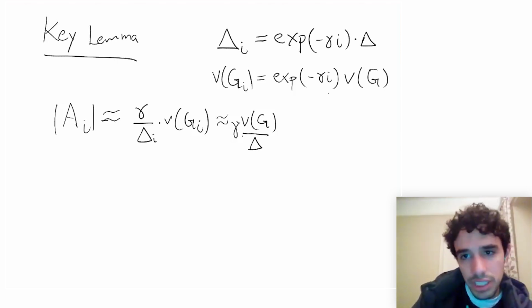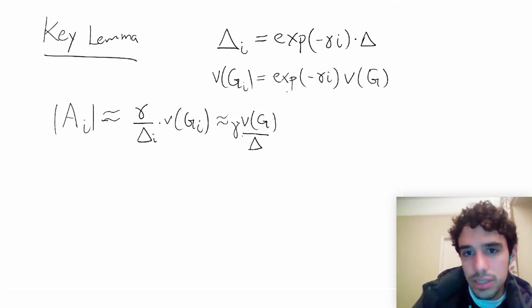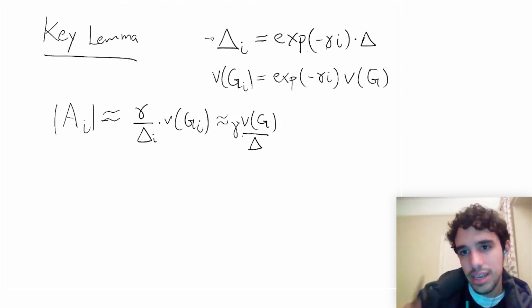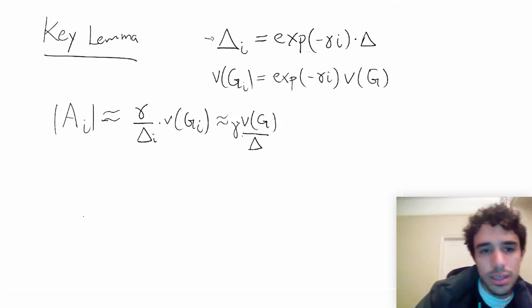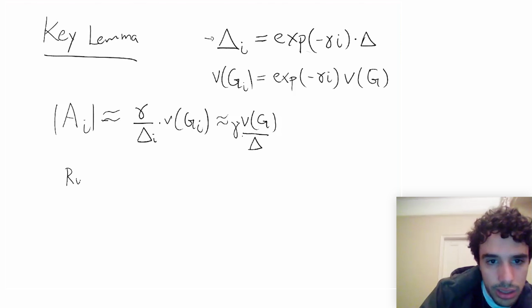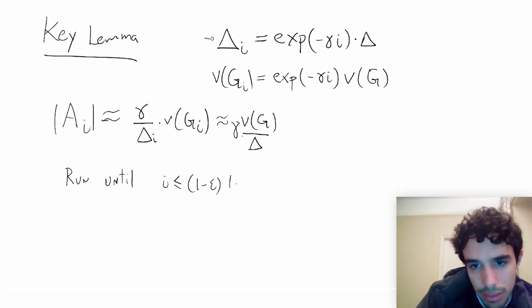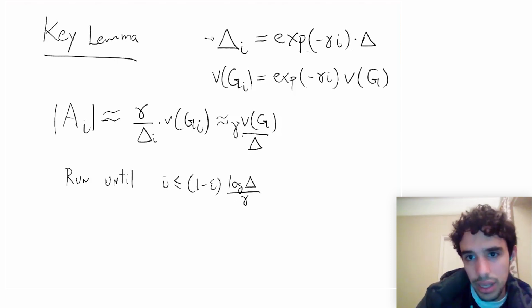Okay, but then the other important observation is that every A_i has the same size, and the question is how long we can do this for. We can do this as long as delta i is large, as long as we haven't fully destroyed our degree. So we run until i is like (1 minus epsilon) times log delta over gamma, because when you get to this point, delta will be very small.